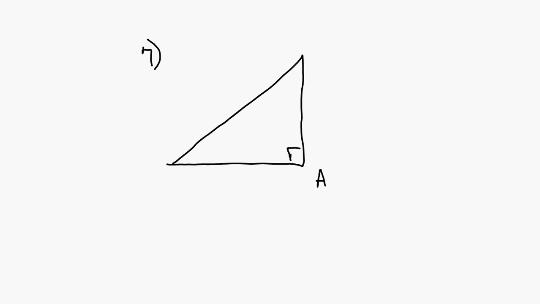Number 7. In triangle ABC, angle A is a right angle, and angle B is 45 degrees.